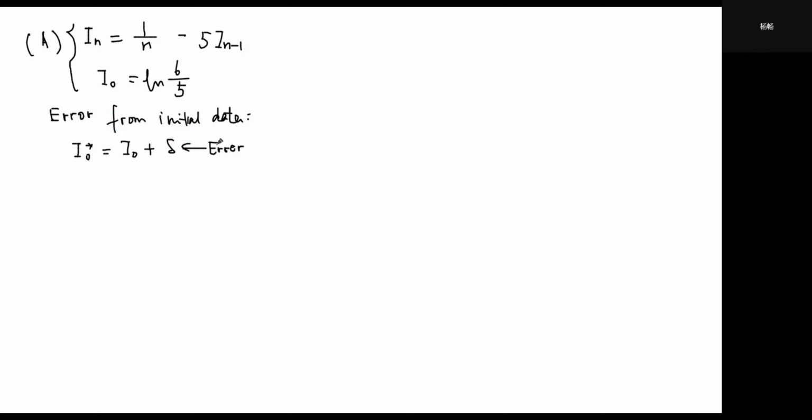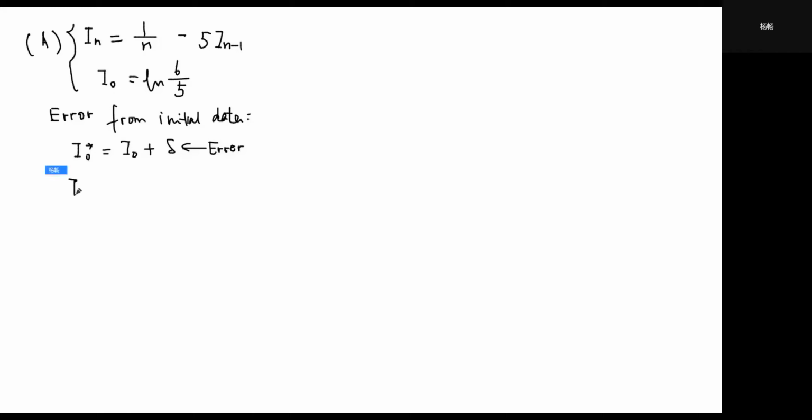Okay, this is the error, and this is the exact value, and this is what we actually get from our computer.